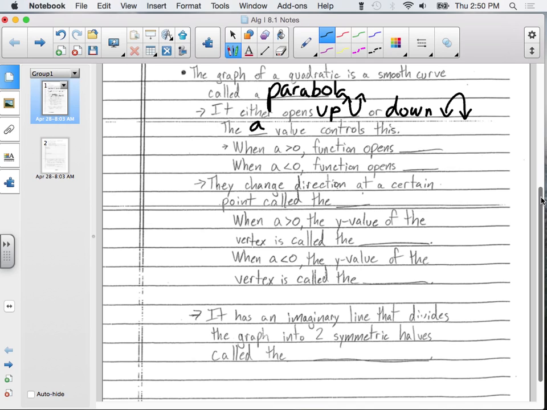So if you look on your assignment that you did today, for any one of those where A is positive, does it open up? Yes. So like number 3, A is positive, so that should open up. And when A is less than 0 and when A is negative, which way do you think it's going to open? Down. And then number 5 shows an example of that one. So when A is positive, it opens up. When it's negative, it opens down.